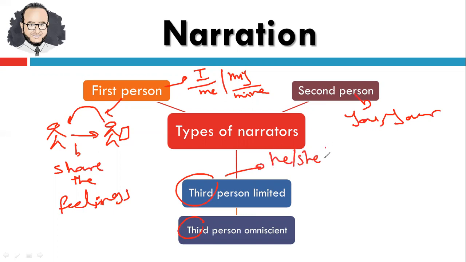Okay, so you are using he or she or it while describing the events of the novel, and maybe what you know about the novel is limited. Limited. You do not know everything. In the omniscient, okay, you know everything. You know all the details about the things that are happening in the novel. Omniscient view.